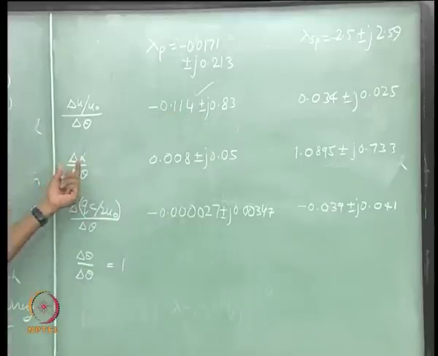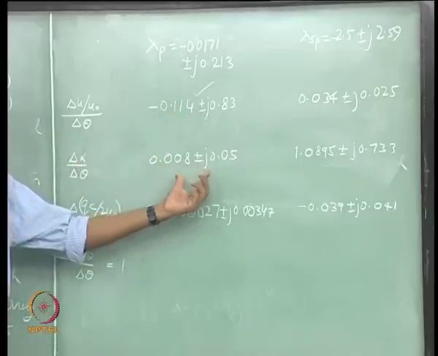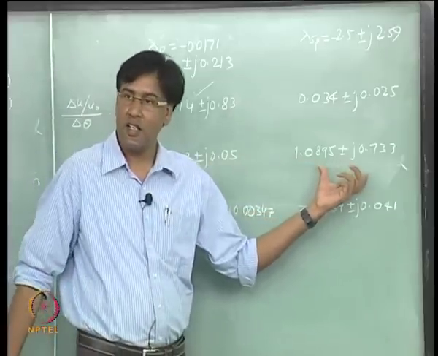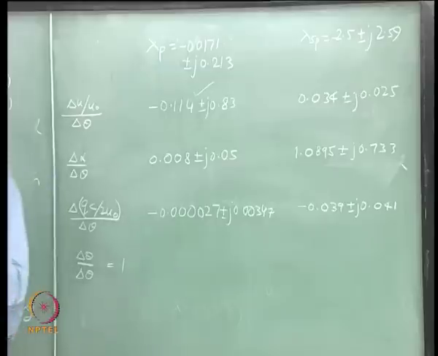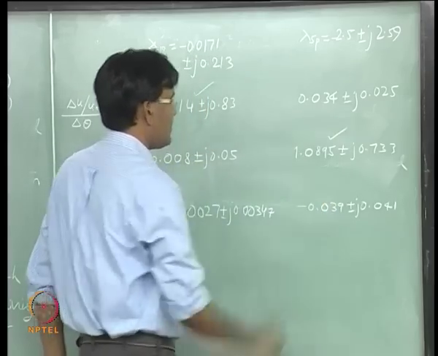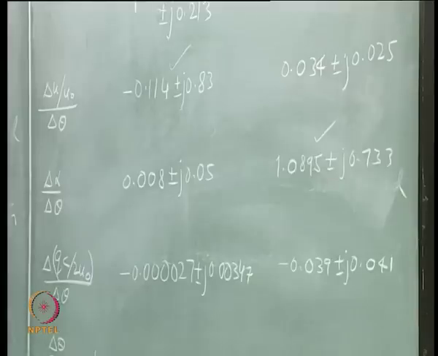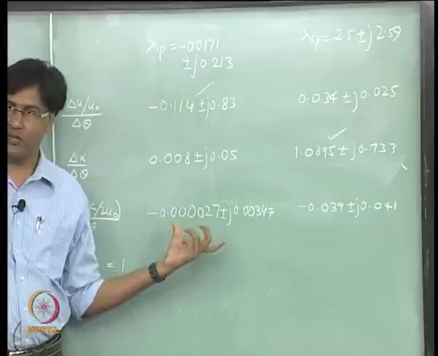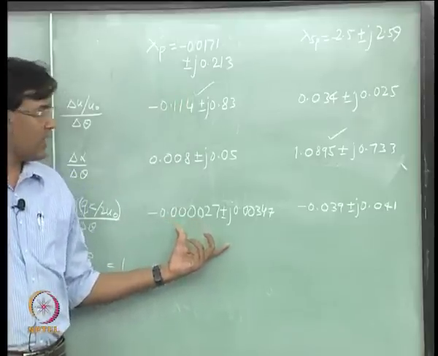Look at this delta alpha. Delta alpha here is very low, here is very large. So, keeping delta alpha as the variable in the short period mode was a good approximation. This delta q, which is non-dimensionalized with respect to c over 2 u naught, again in phugoid is very low, right.